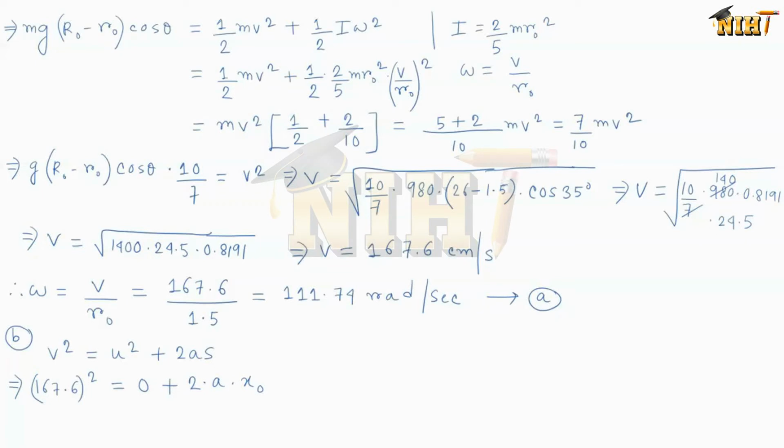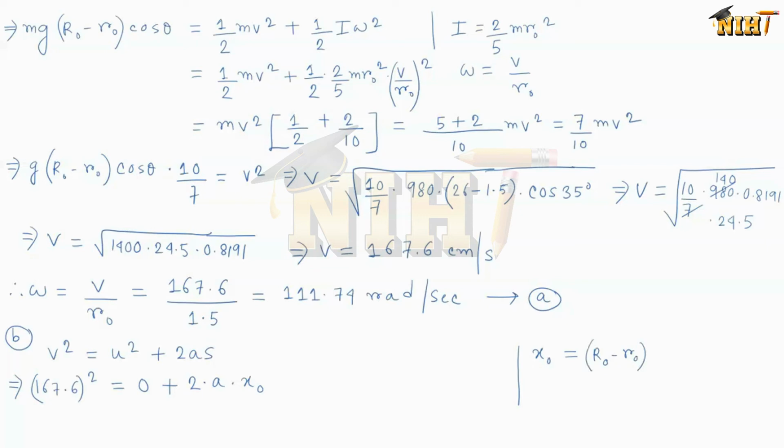Now first of all, let's calculate the value of x0. That will be, as from this picture, sin theta will be x0 by r0 minus r0. So we can write it as x0 equals to r0 minus r0 sin theta.